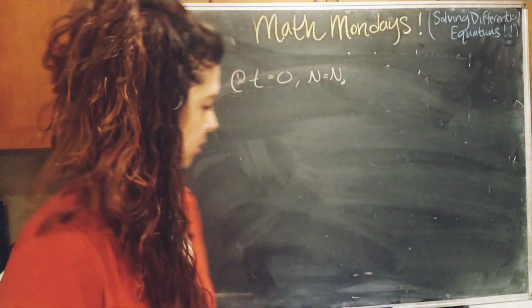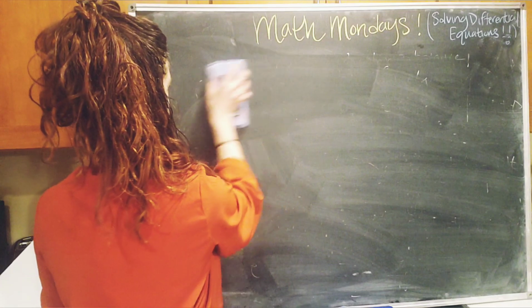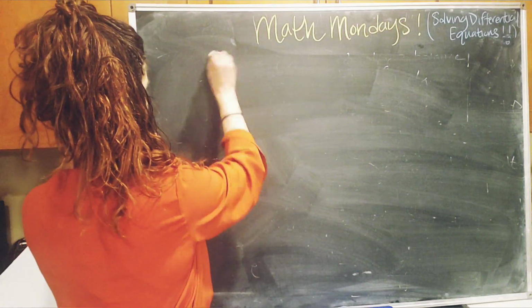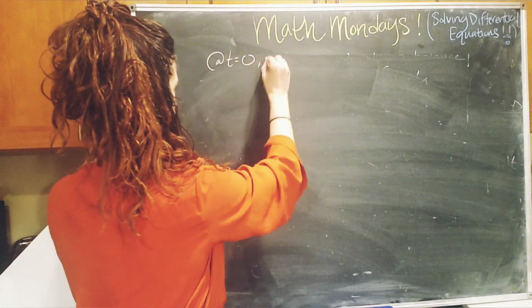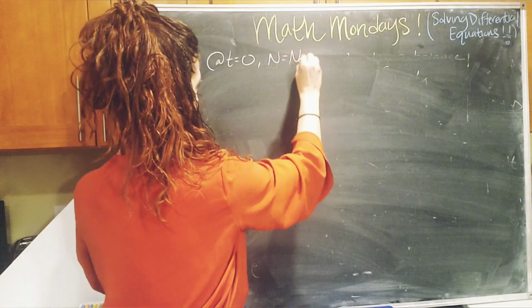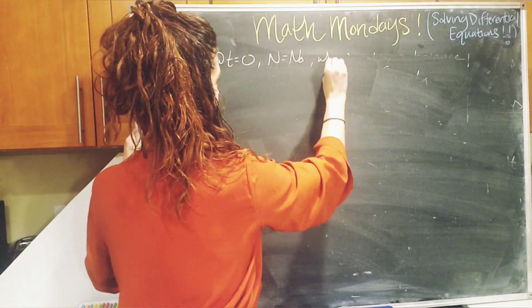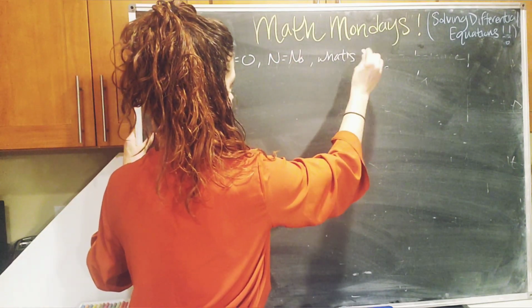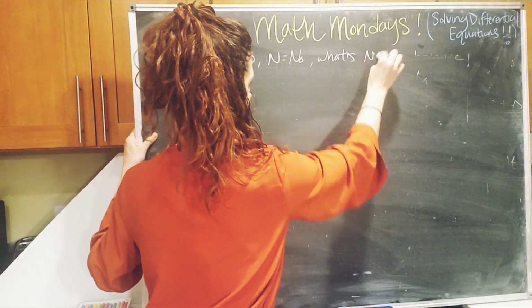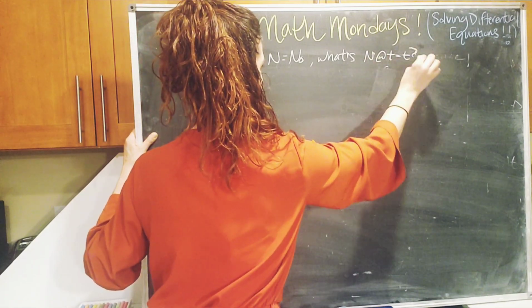I wrote this down really quick. So at t equals 0, we have n0, and then what is n at t equals t?